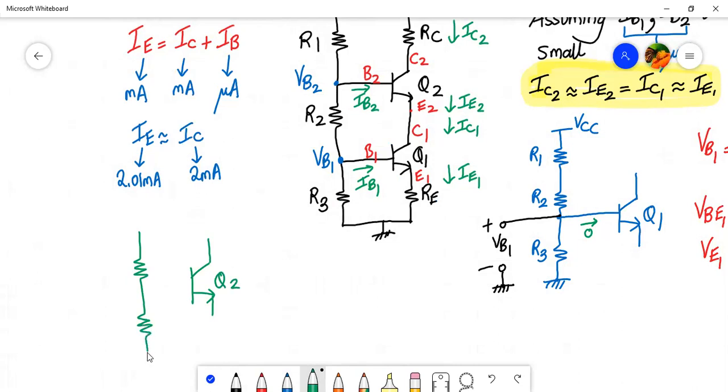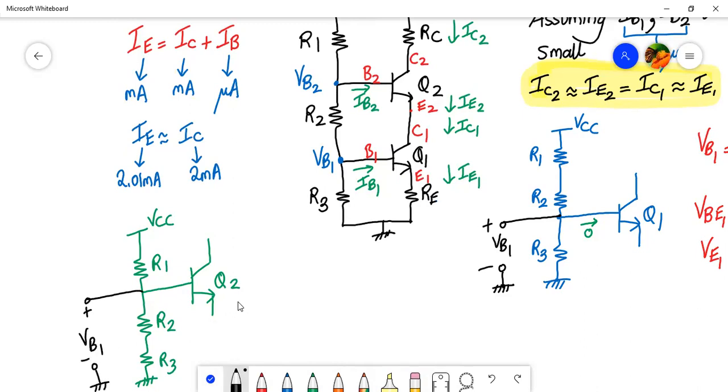Here we have two resistances going to the ground, and over here we have base 2, VB2. This is VCC, R1, R2, R3, and here we measure VB, with respect to ground, and it's a DC quantity.